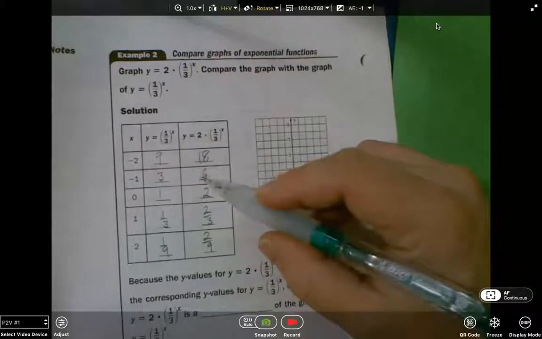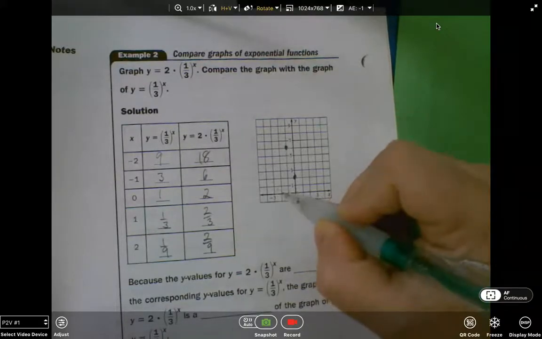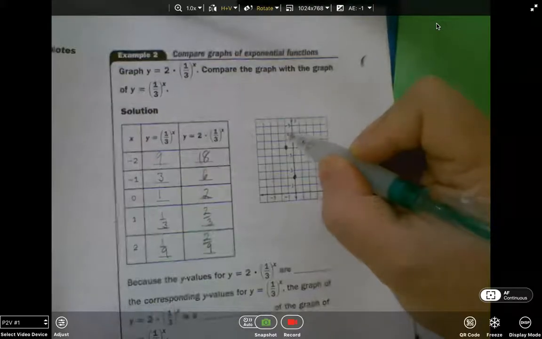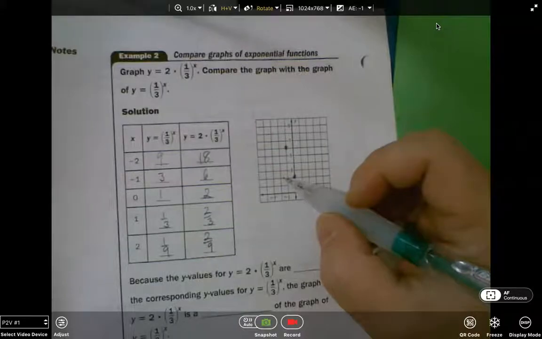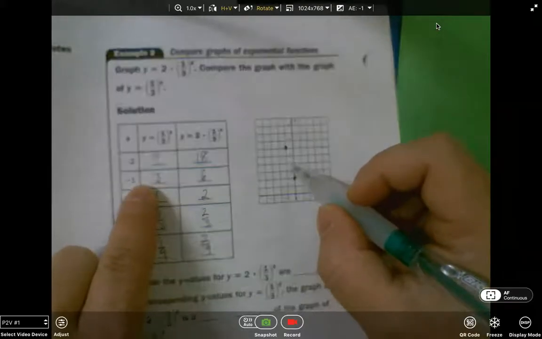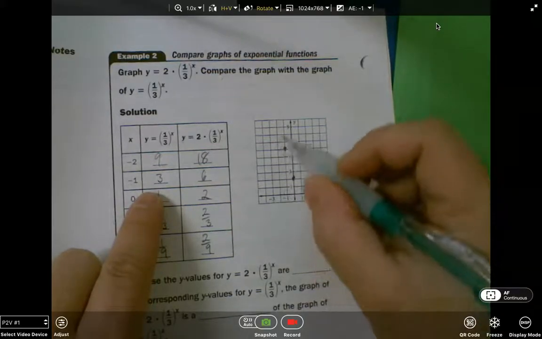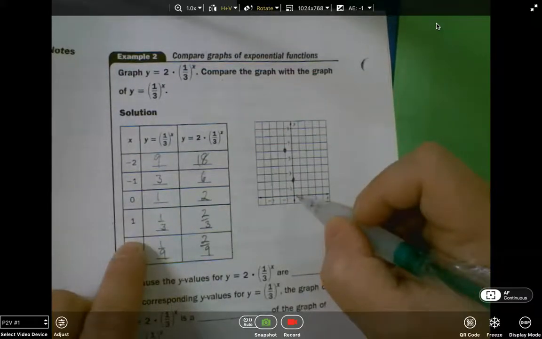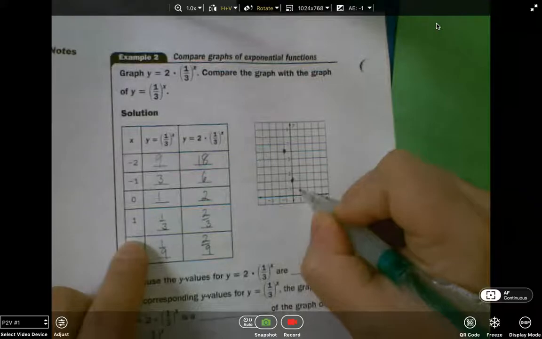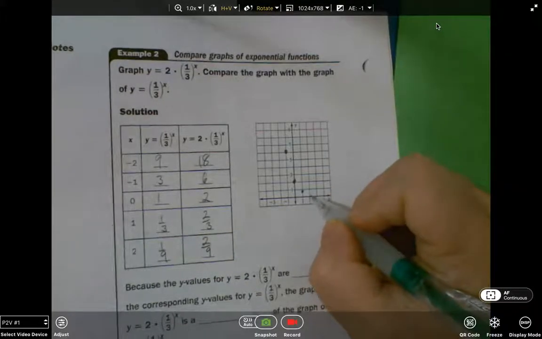Then we have (-1, 6). (-2, 18) goes off the graph. (1, 2/3) is here, and (2, 2/9) is here.